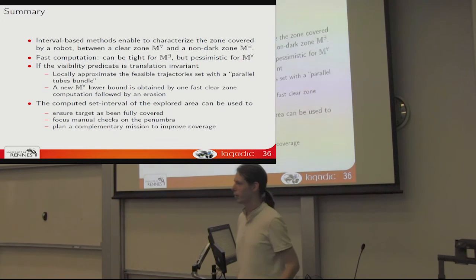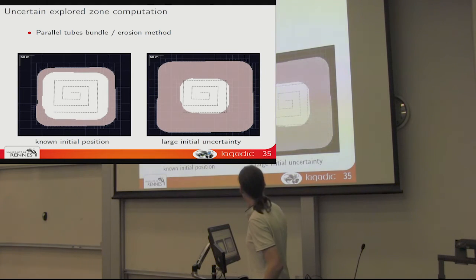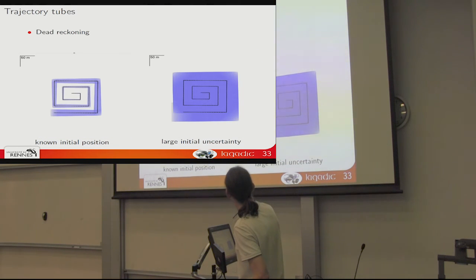Yes, one question. On the previous slide, where is the beginning of the trajectory? At the center. Yeah, so the robot basically looks like this. Okay. And here too, but here at the start, basically, we know just that it is inside this big box. Yes.